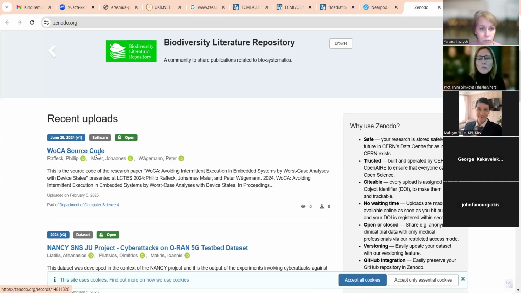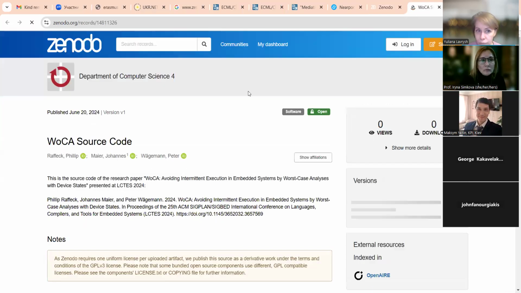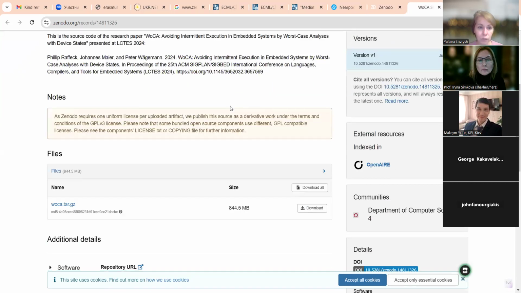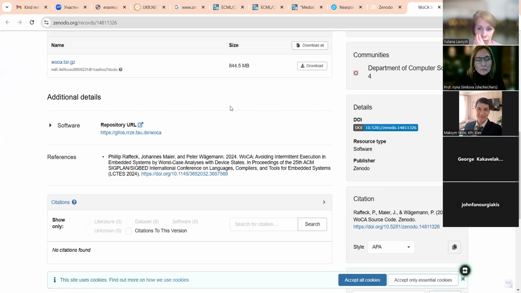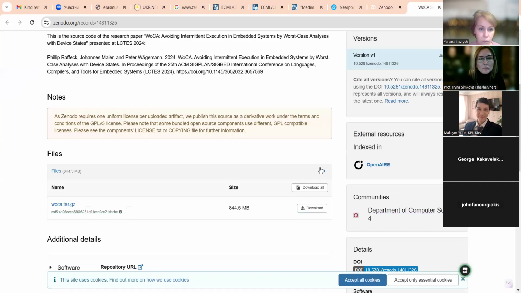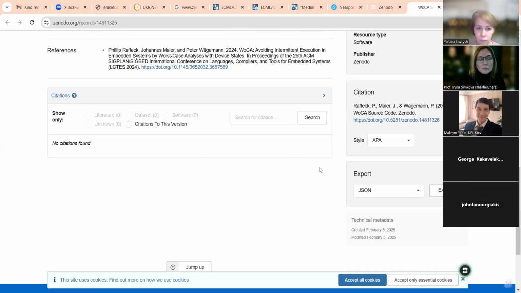Let's try this software, for example. You worked today with the paper when we discovered how the FAIR principles work. So this is software with the same descriptive things: DOI, citation, a README file, whatever is necessary.